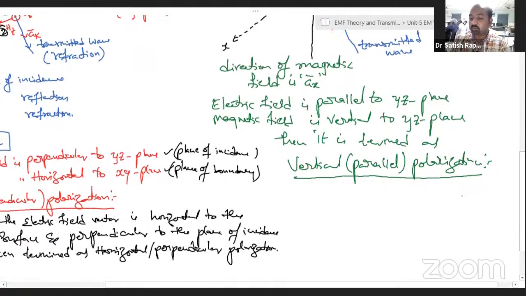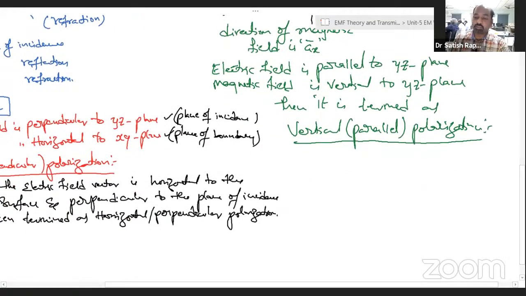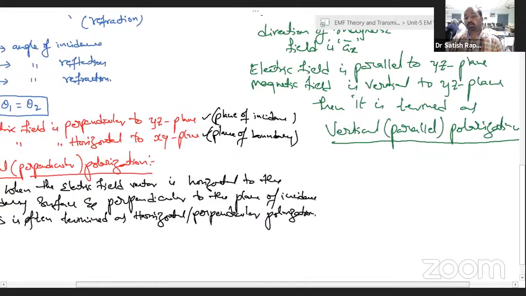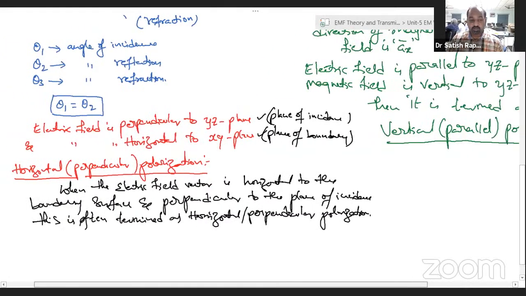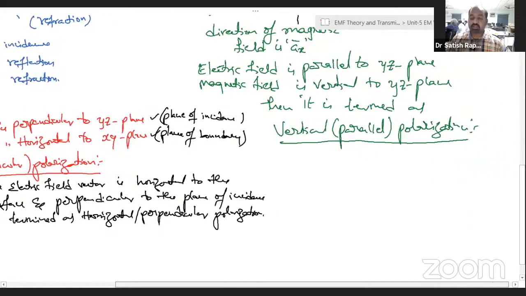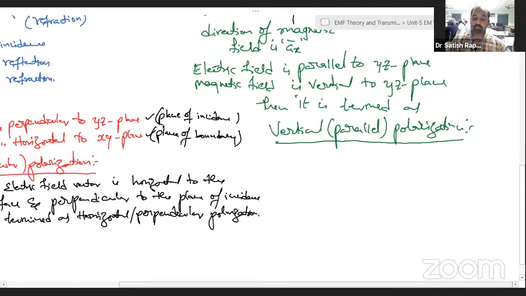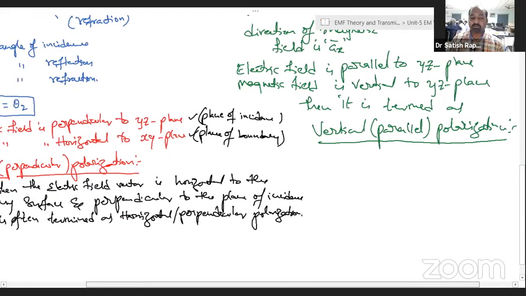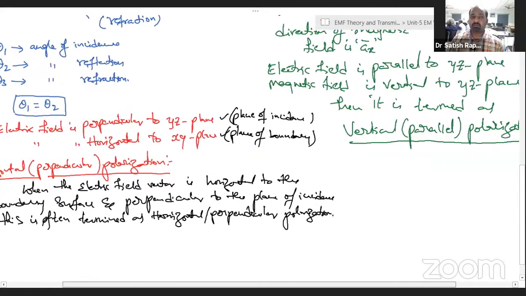Vertical or parallel polarization. So first figure and second figure, vertical parallel polarization, right? Vertical, parallel, polarization. Don't get confused here, right?